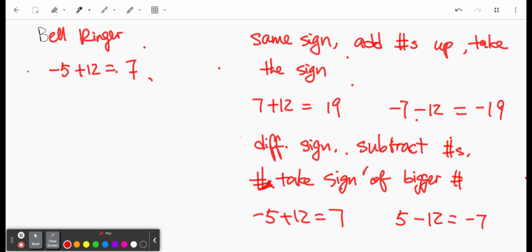Question number 2. 9 plus -21. All right, Layden. 9 plus -21, what is the answer? First tell me, do you add or subtract these two numbers? Do they have the same sign or different sign?